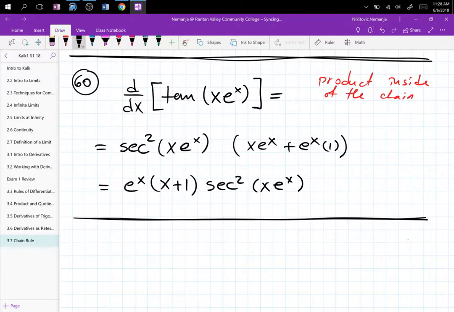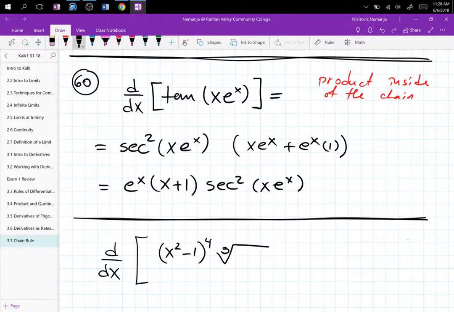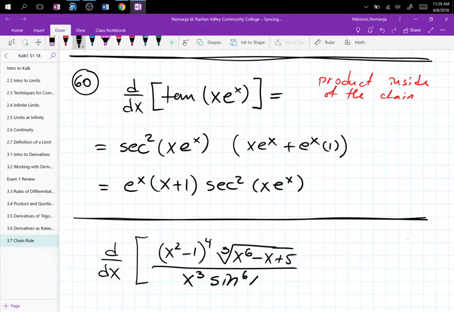Now, I'm going to write something down, and then I'm going to ask you to wait. Imagine if you are to take the derivative of x squared minus 1 to the 4th power times the cube root of x to the 6 minus x plus 5, divided by x cubed sine to the 6x.